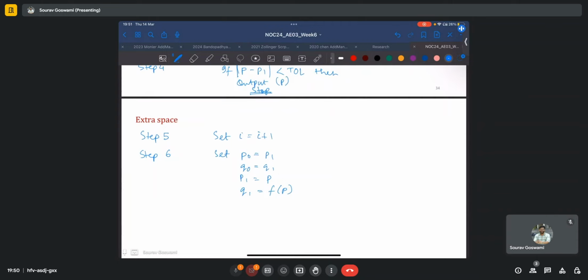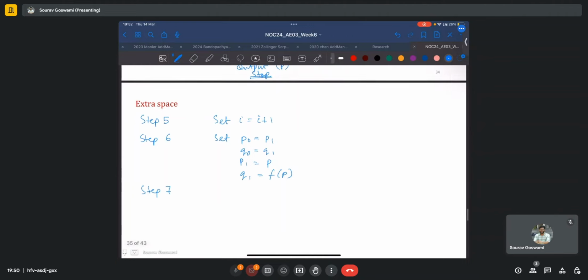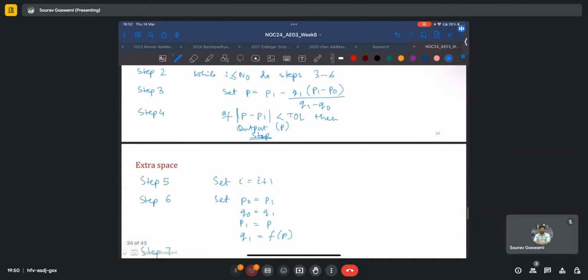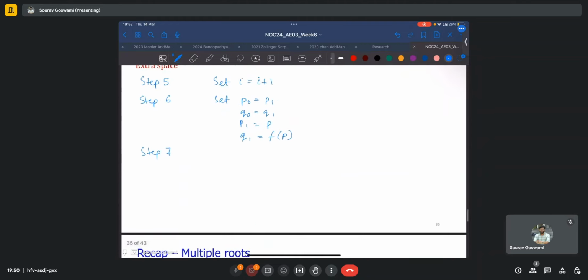However, even after reaching the maximum number of iterations, if we are not successful, then we must output a failure message. And this step 7 will only be reached if we do not already exit within step 4 right here. That is, if the solution is not reached within the number of iterations.